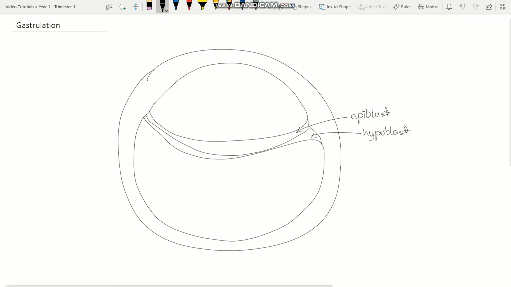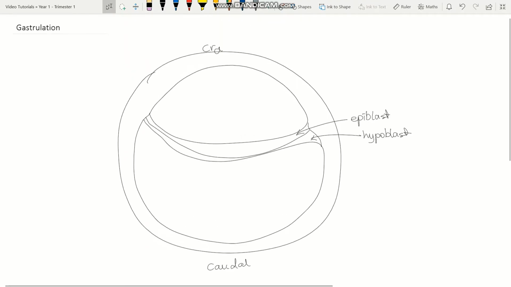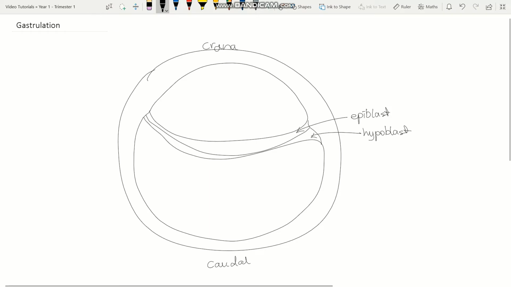Now if we're looking at the embryo from a caudal, which means towards the feet, to cranial, towards the head, viewpoint, we will eventually see the formation of what is called a primitive node. And this primitive node originates from what we call a primitive groove.